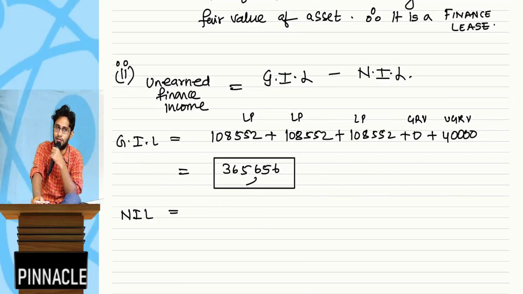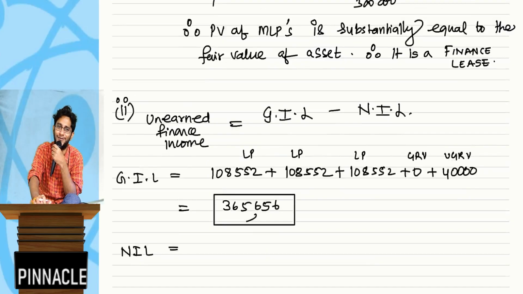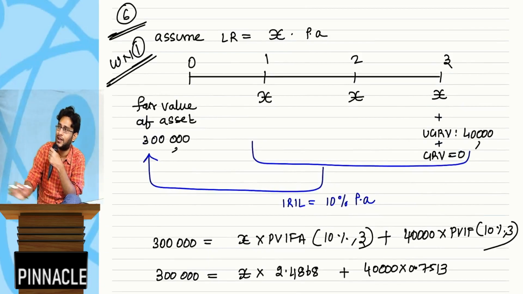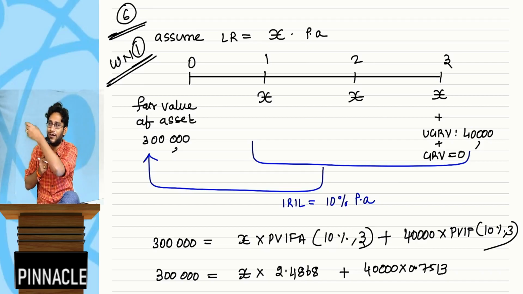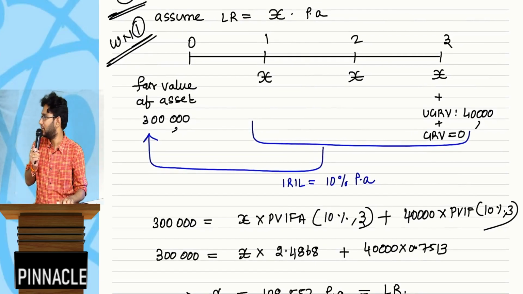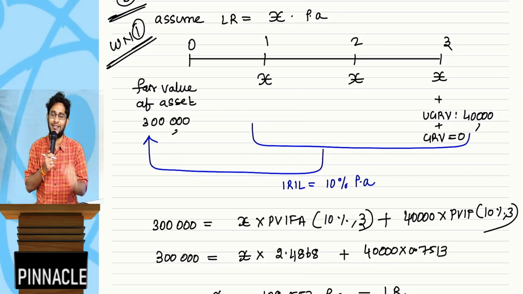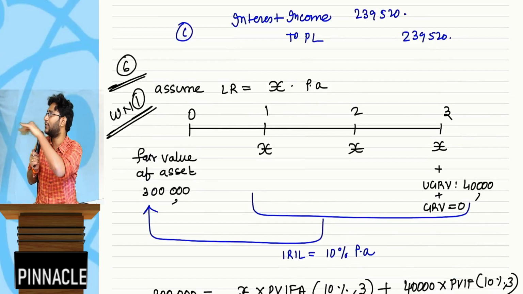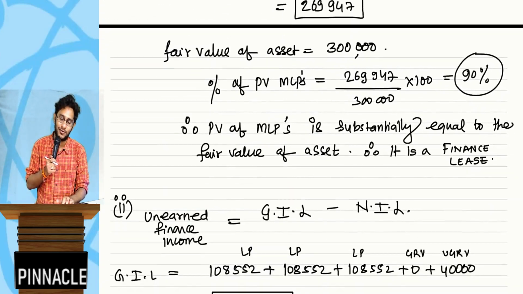NIL is the present value of GIL. Calculate. And one should be really stupid in calculating that. Why? Look at the box above, sir. Our cash flows, if you discount, the answer is 3 lakhs. That is NIL. Do you understand, sir? X only was found out by equating it to 3 lakhs. Again, computing the present value of 108,552 is an absolutely hopeless calculation. And no, sir, I will still do it. Why will you get some other answer? 3 lakhs answer will come. X itself you found out using that. How will you get a different answer? Same answer will come.